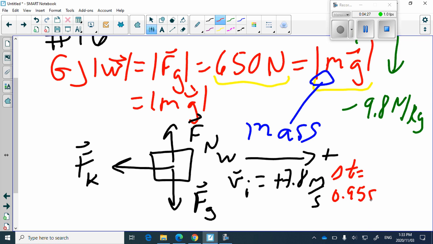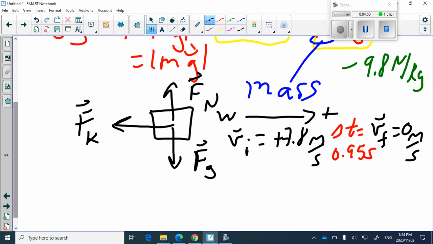They were moving at 7.8 meters per second positive, because I'm making west positive. Then they slid for almost the whole second, 0.95 seconds. Eventually, they came to a stop so that the final velocity was 0. And there's your free body diagram, by the way. So I gave that away for free.